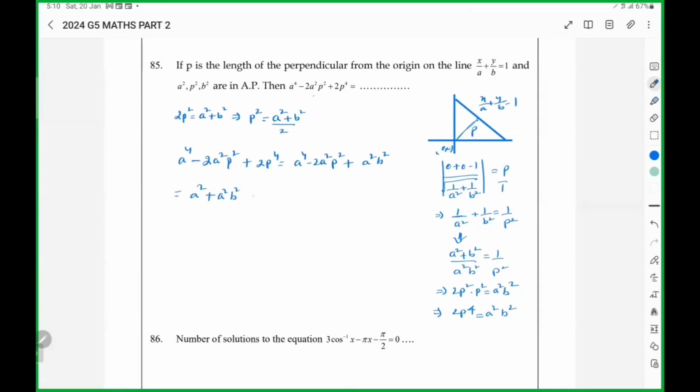Minus 2a square in place of p square. So a square into a square plus b square.